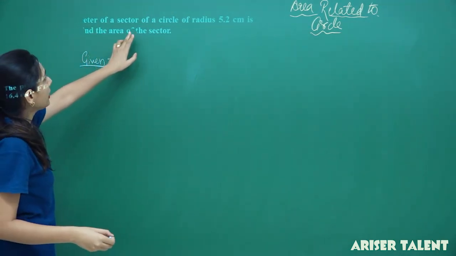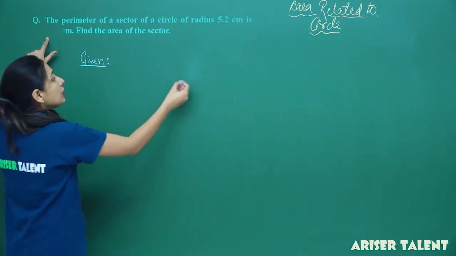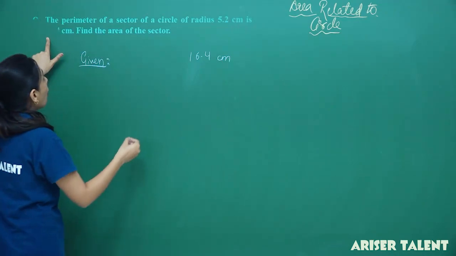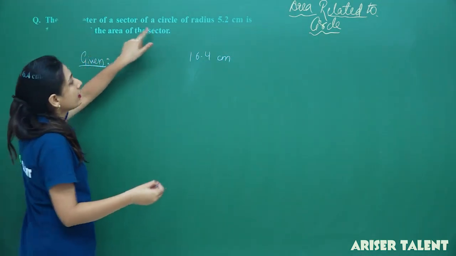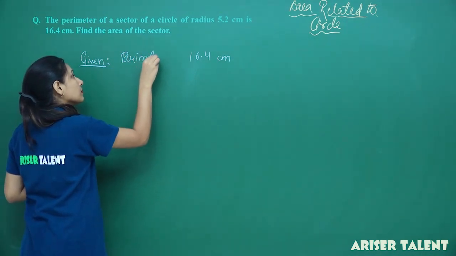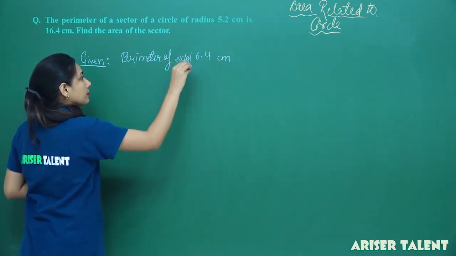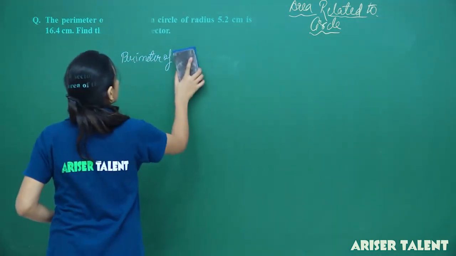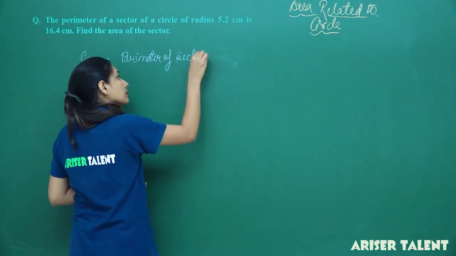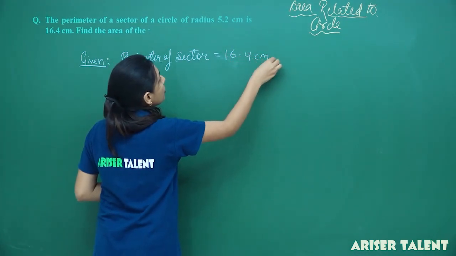The perimeter of the sector of a circle is 16.4 centimeter.